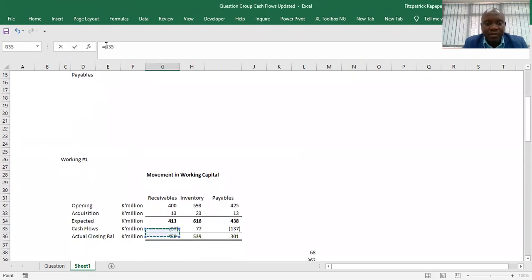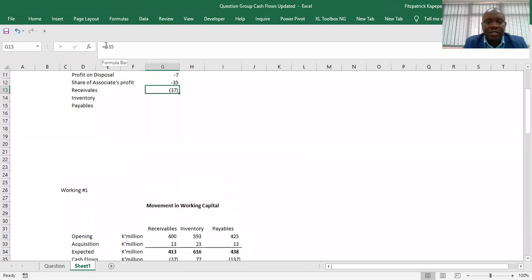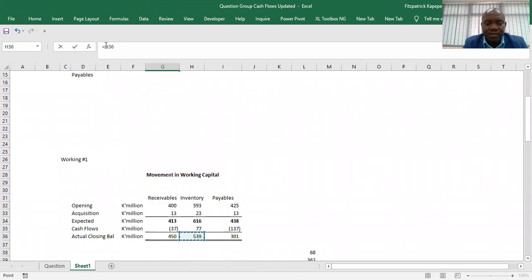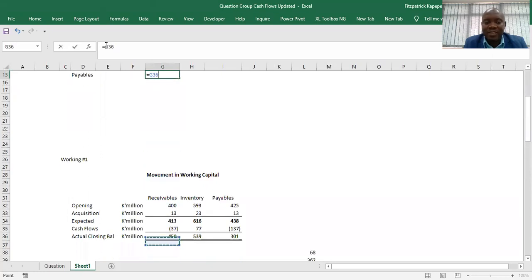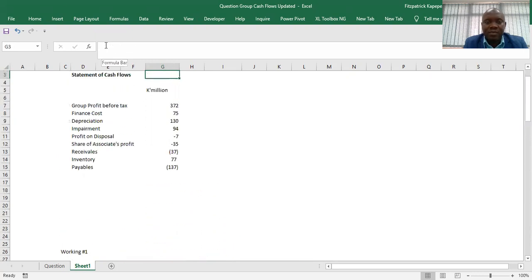Where's inventories? This was a cash outflow. Inventory, it was a cash inflow, and payables, we had a cash outflow.